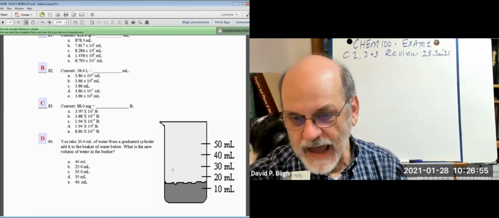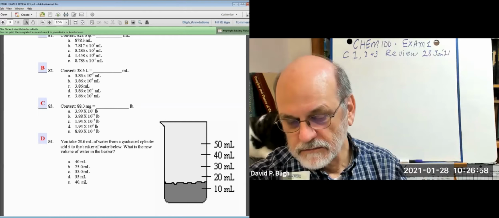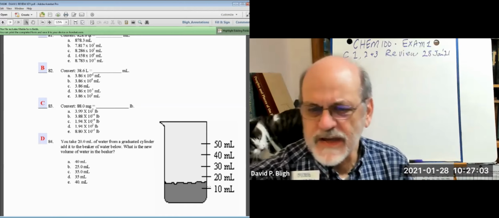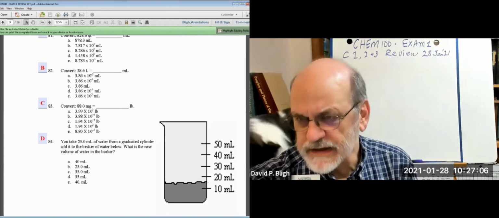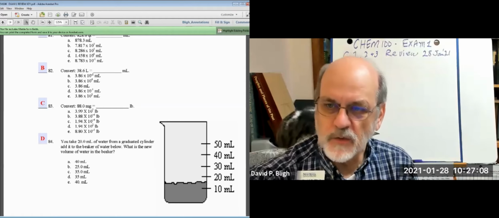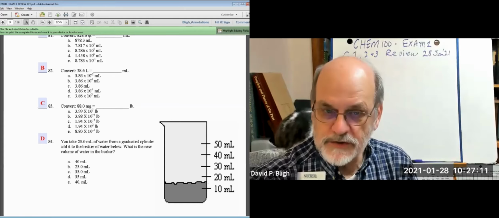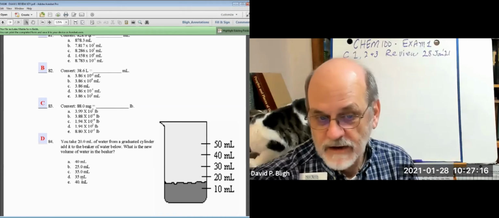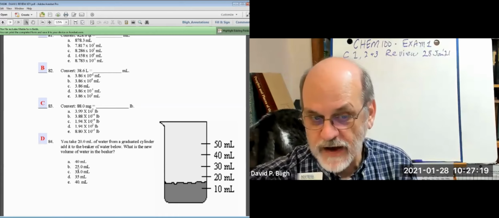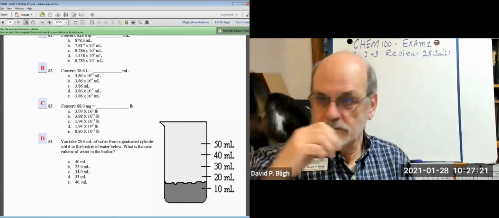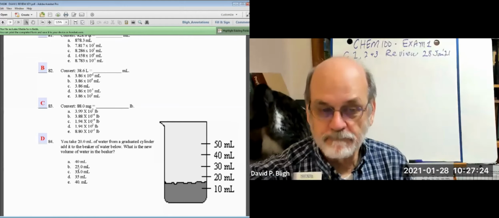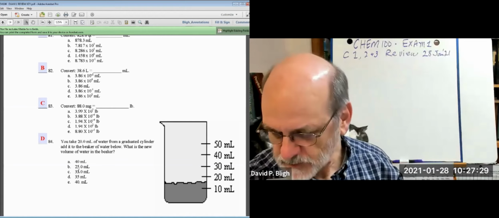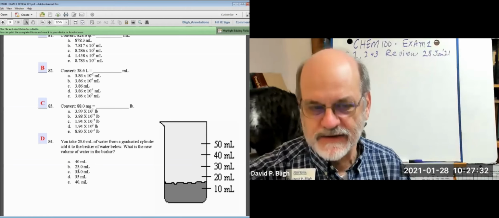Whereas this one is only accurate to tens of milliliters. So what are we saying we have here? Well, it looks like we have 15, right? So 15 plus 20 is 35, but we can only keep two significant figures because this is 15. So 15 and 20 is 35. That's why 35 is the answer and not 35.0. Okay? Everybody follow me on that one? We're limited by the least accurate device.